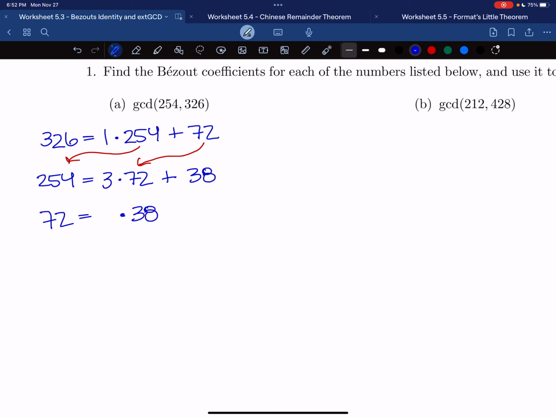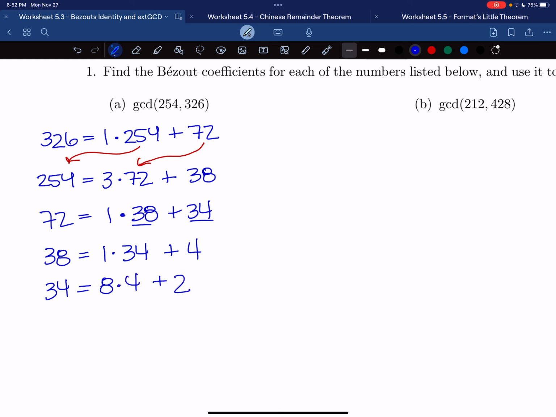I can't fit more than one of them, so it's 1 times 38, and the remainder will be 34. Again, we'll move the 38 over, so we're moving over these two numbers. 38 is equal to 1 times 34 plus, there'll be 4 left over, and 34 is equal to 8 times 4 plus 2.